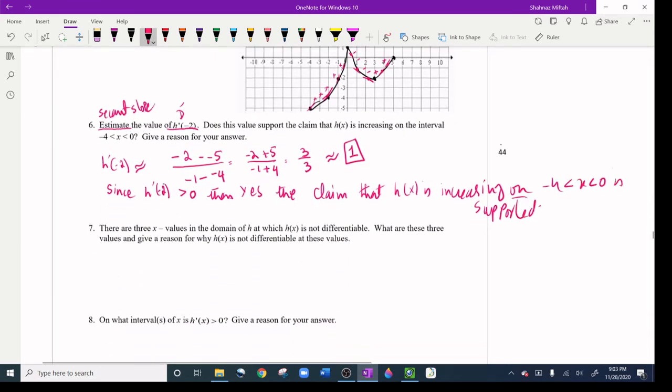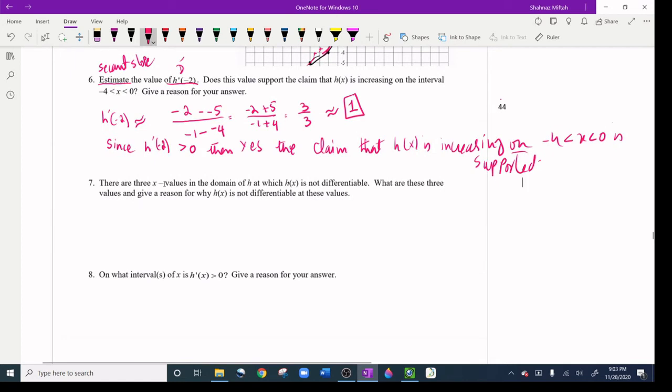Done. Now, question number 7 is differentiate. These are the x values in the domain of h at which h(x) is not differentiable. What are these three values, and give a reason for why h(x) is not differentiable at these values. There are three x values that we can say it's not differentiable.